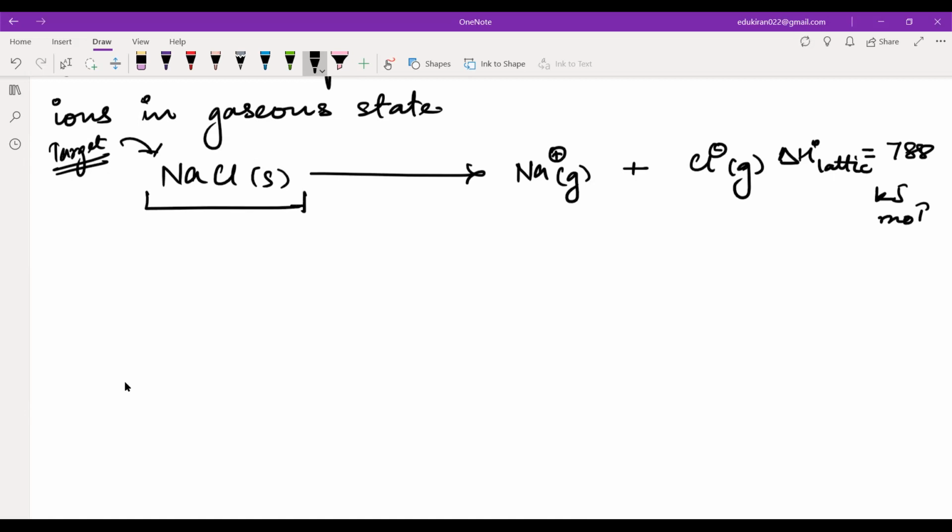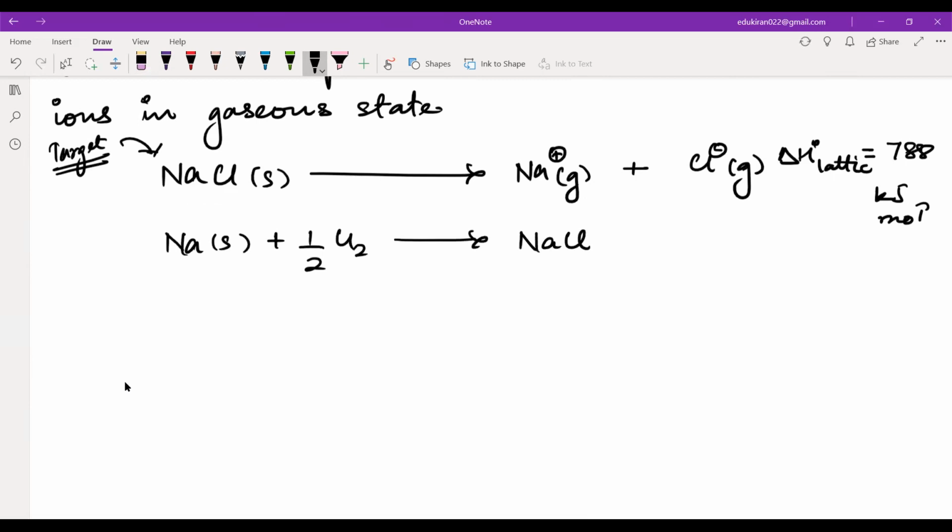For NaCl, I can write the reaction that is the formation of NaCl. They saw this reaction: sodium solid plus half Cl2 is going to give me NaCl solid. This is one reaction that is matching one of the components of our target reaction, NaCl.